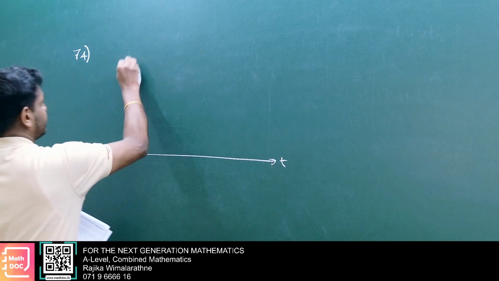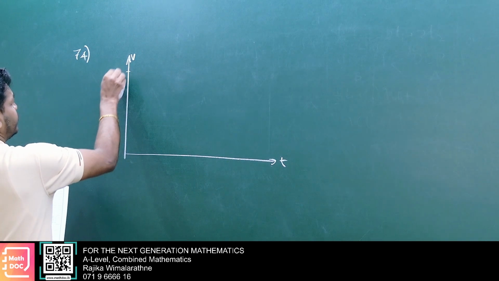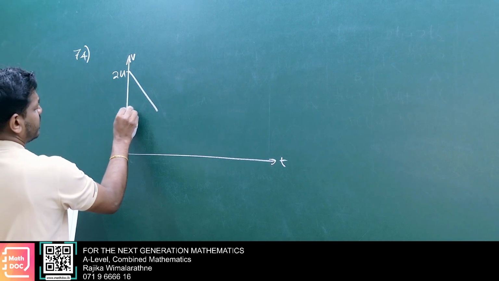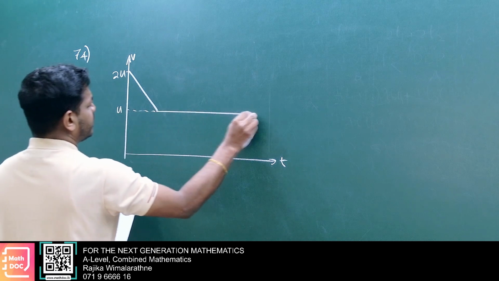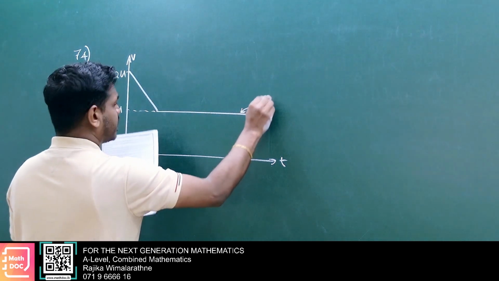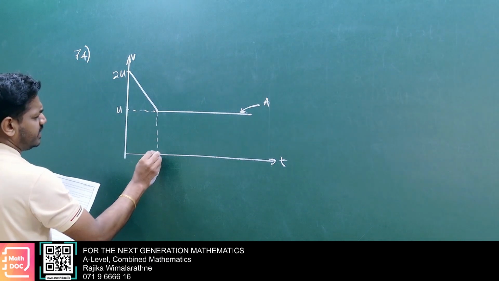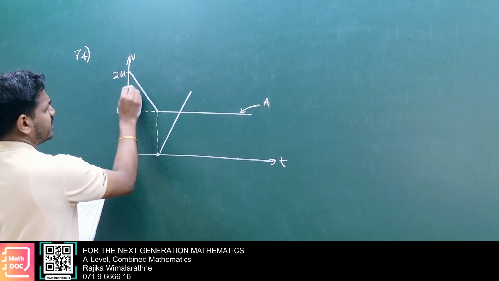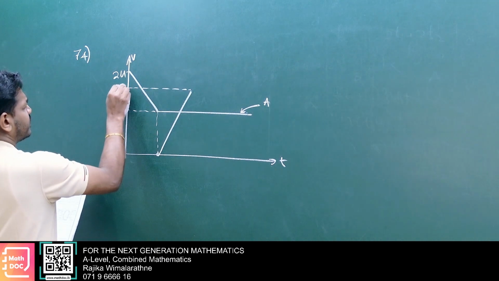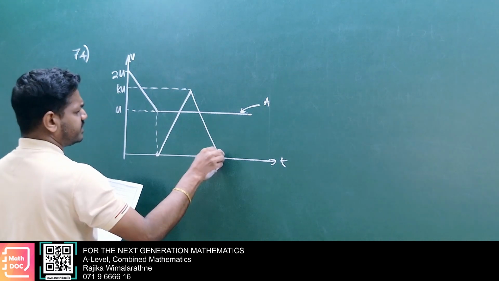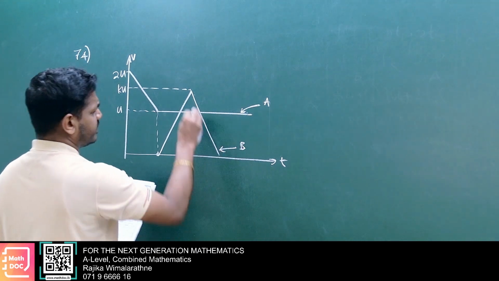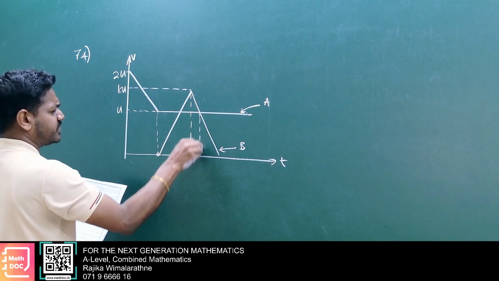Here, time-velocity graph: 2u, here u, here car A, here B starts at this point, ku, then retardation. Now here the last possible time.